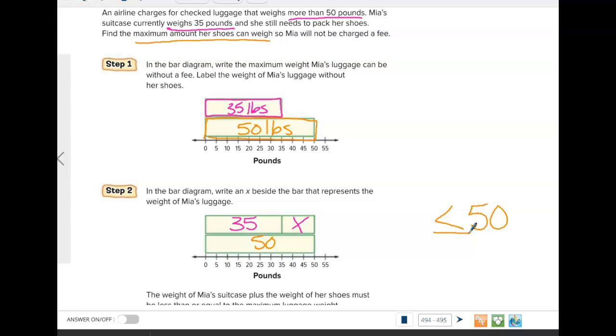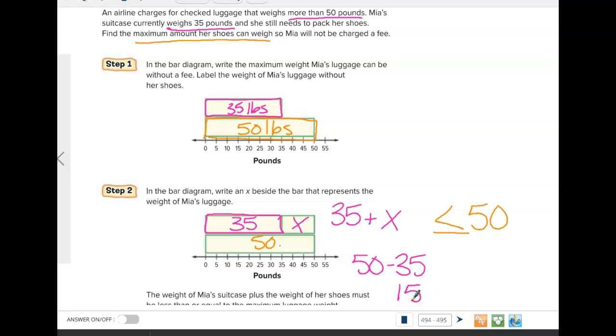And then on the other side, we have the amount that she already has packed, plus the additional amount she needs for her shoes. So there's our inequality. Now to solve for this, we would take our 50 pounds total and subtract the 35 that we already have packed to figure out what the shoes could weigh. 50 minus 35 is 15.